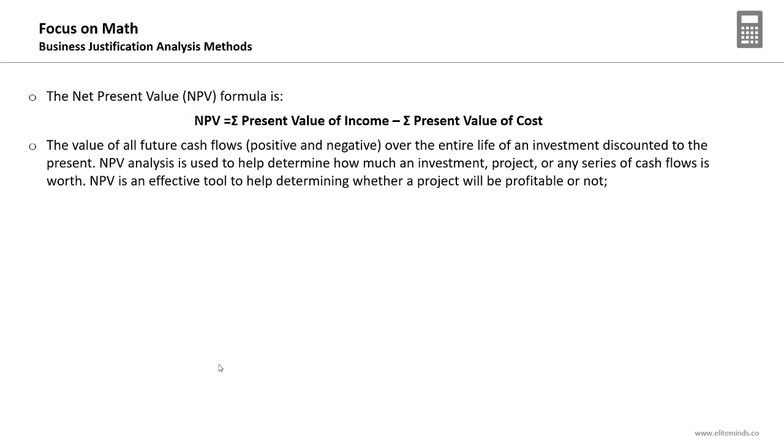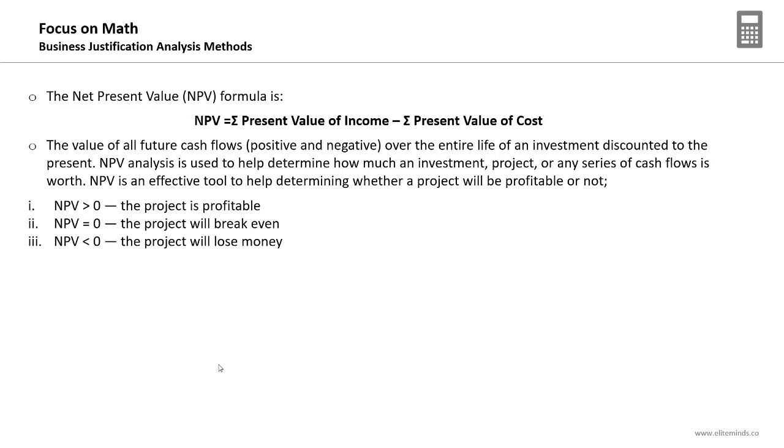The value of all future cash flows, positive and negative, over the entire life of an investment discounted to the present. Net present value analysis is used to help determine how much an investment, project, or any series of cash flows is worth. Net present value is an effective tool to help determine whether a project will be profitable or not. How?